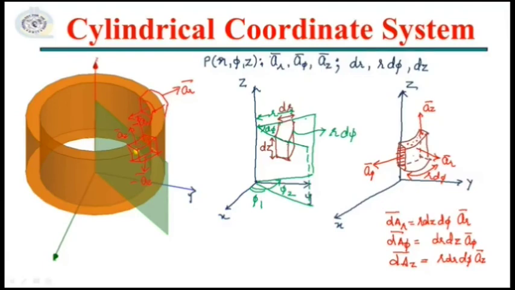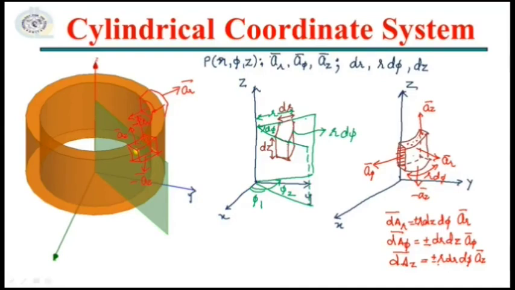So the area remains the same. So I can just add here plus minus, and likewise dA phi will be plus minus dr dz a phi bar. dA z bar will be plus minus r dr d phi a z bar.